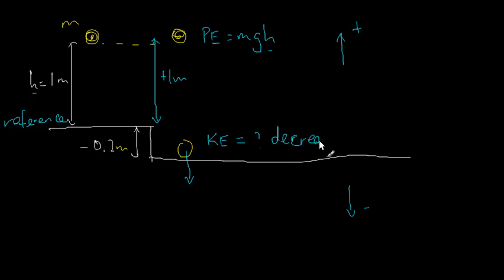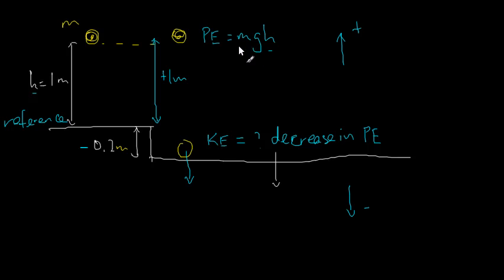Find the decrease in potential energy, because when there's a decrease in the potential energy, the decrease is changed into kinetic energy. And we find the decrease in potential energy like this.